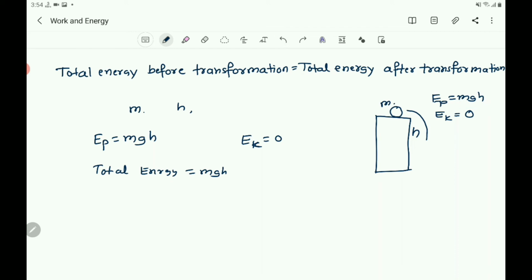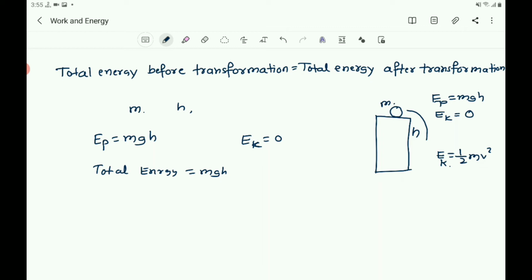If its velocity is v at a given instant, then the kinetic energy is half mv square.